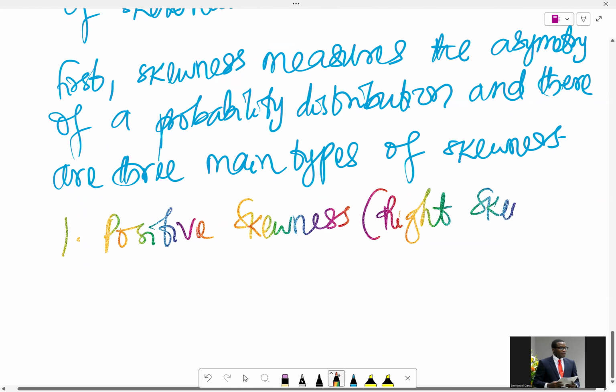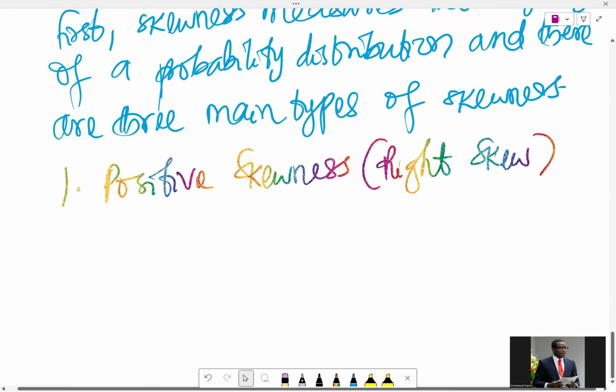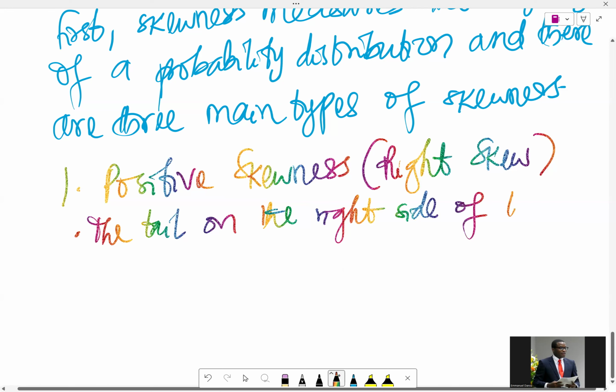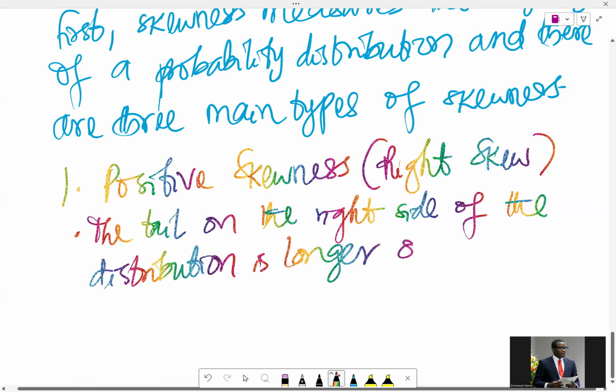For this, the tail on the right side of the distribution is longer or fatter than the left side.